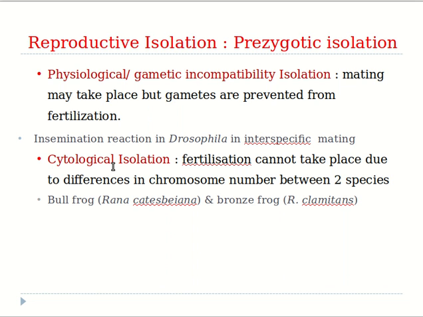Clear? These experiments have been conducted by many scientists, even between entirely different species, and it has been seen that wherever there is a chromosome number incompatibility, the hybrid zygote formed will not survive for long. So these are the different kinds of prezygotic isolation.